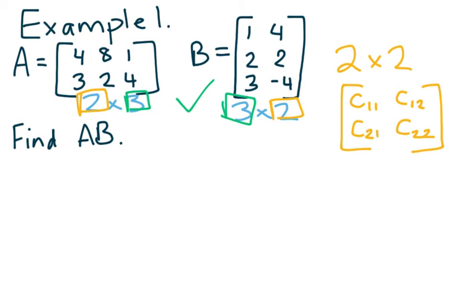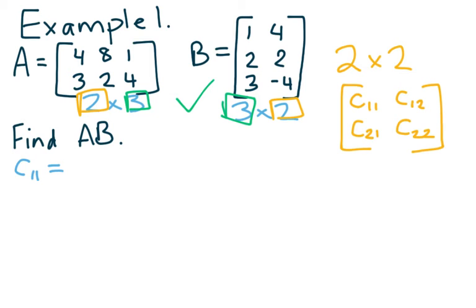To get C in row 1, column 1, we are going to multiply row 1 of matrix A by column 1 of matrix B.